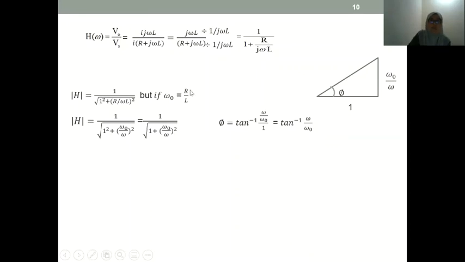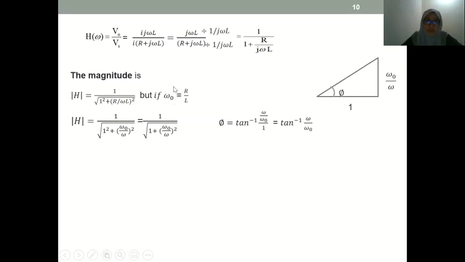Now we want the magnitude of your transfer function. Same as the previous one, your magnitude is 1 over the square root of 1 squared plus your imaginary term, R divided by omega L, squared.